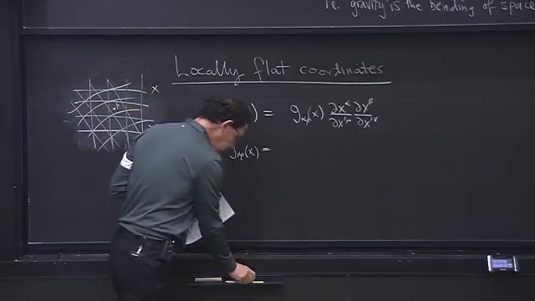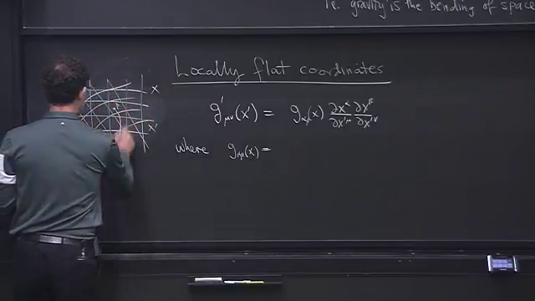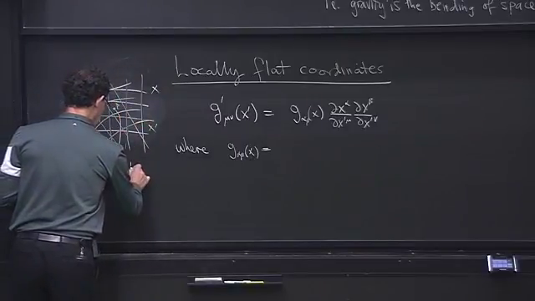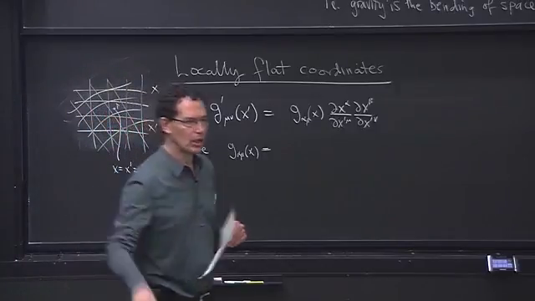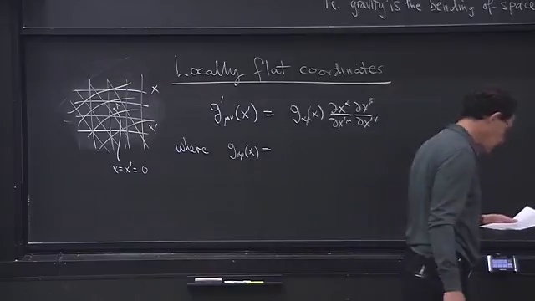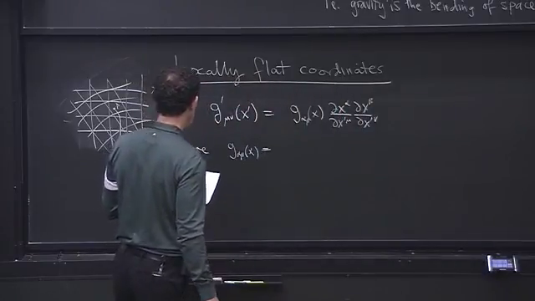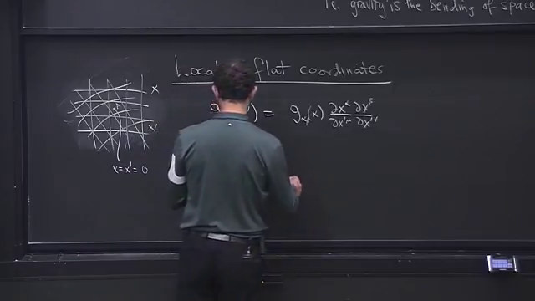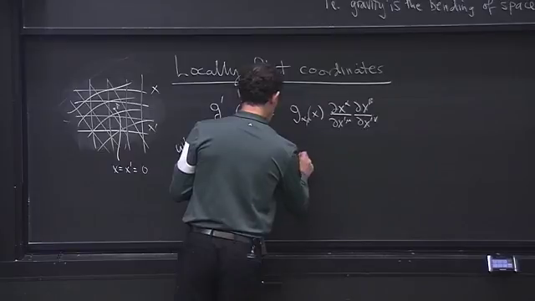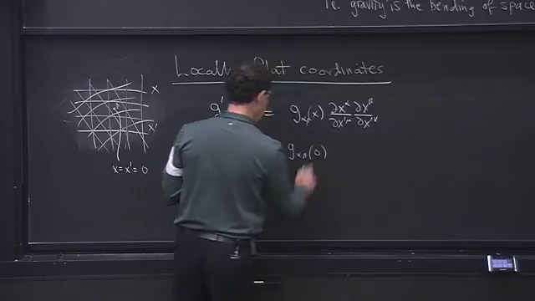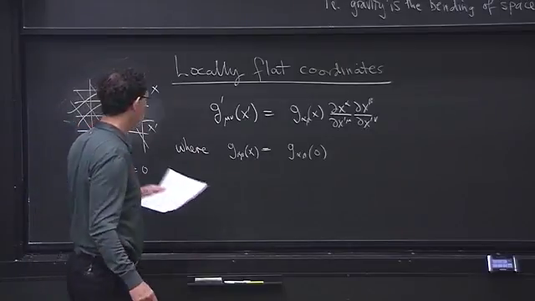And then I've got some point P. For convenience, I'm going to choose P to be at x equals x prime equals 0, just to make the algebra shorter. That could be a constant. It won't affect anything. So g alpha beta of x is g alpha beta of 0, that means the metric at the point P, which has coordinate 0.